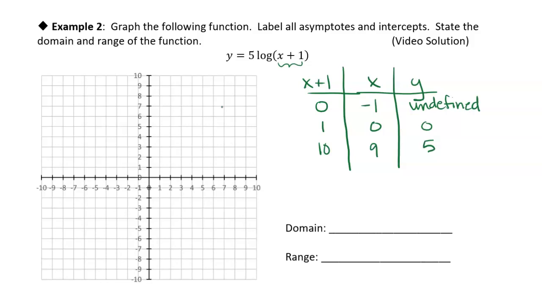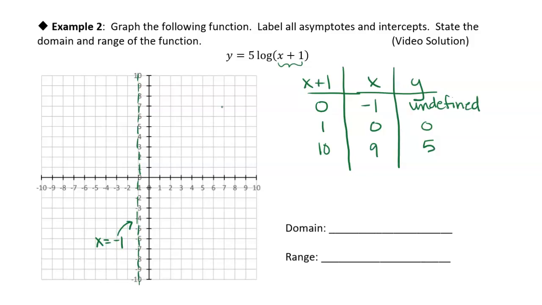And so I'm going to have an asymptote at x equals -1. So right along through here, let's see if I can draw that in as a dashed line. Those numbers are kind of in the way, but you can see that this is going to be the asymptote x equals -1.